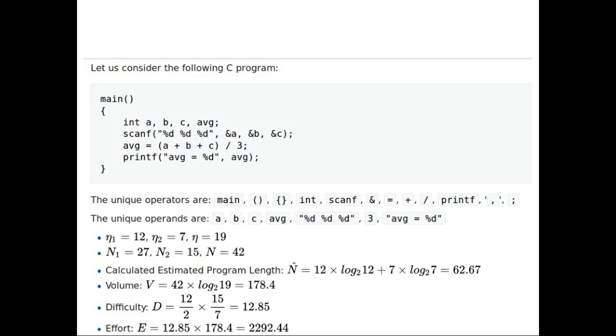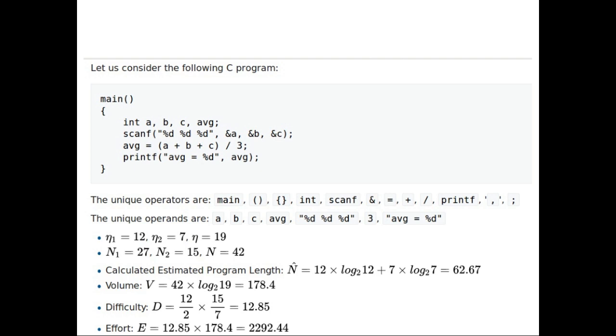Now the program volume, the information content, is calculated as the program length times the base 2 logarithm of the vocabulary size. That is, V is equal to capital N into log small n base 2, that is, volume is equal to 42 into log 19 base 2, equal to 178.4.